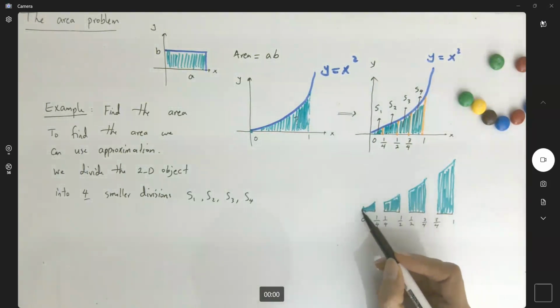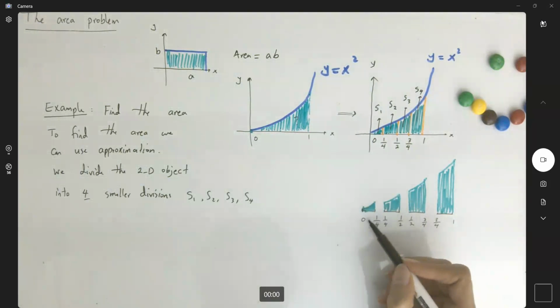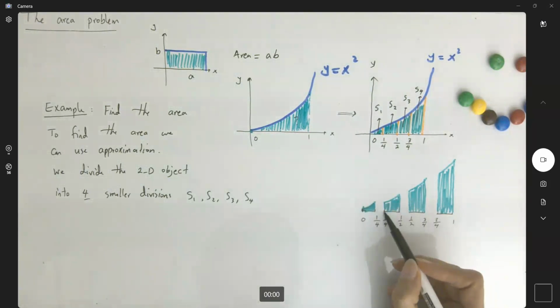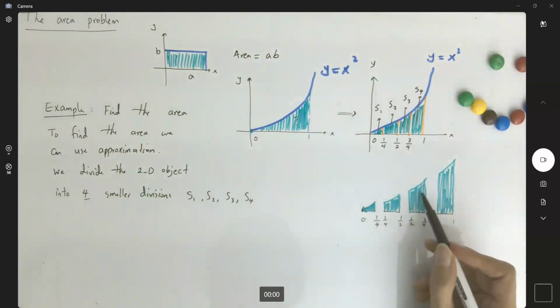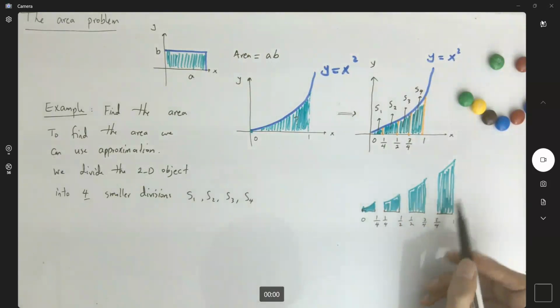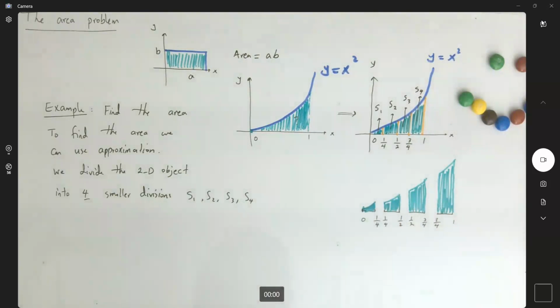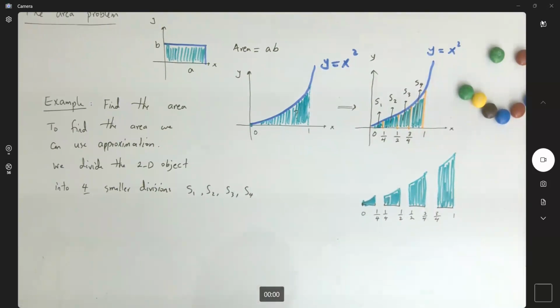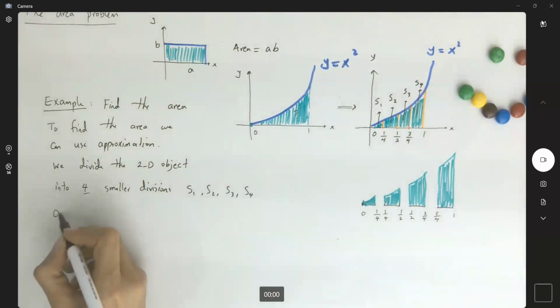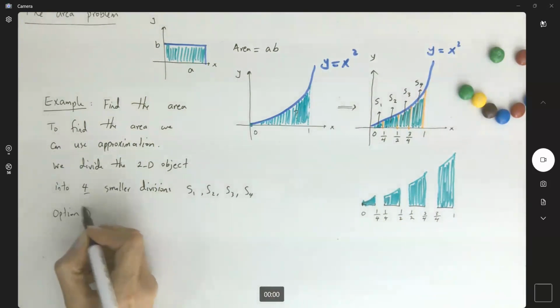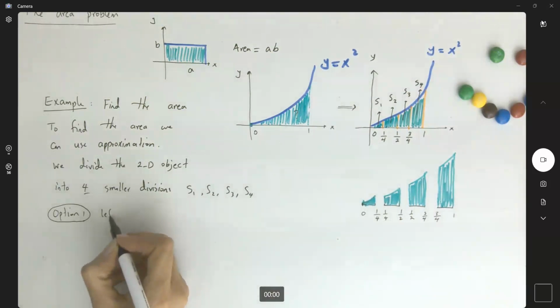We can find this height multiplied by length to approximate this little area, and keep going, then add them all together. So we can use option 1, left endpoints.